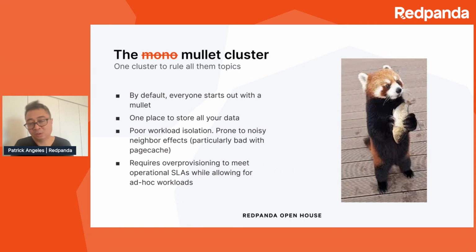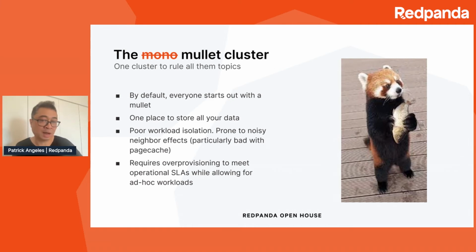The typical issue with that is, first of all, you get poor workload isolation, right? You will have your ad hoc analytical jobs interfering with your operational SLAs, and that can be an issue, obviously. You could miss your sub-second response going back to the point of sale system.